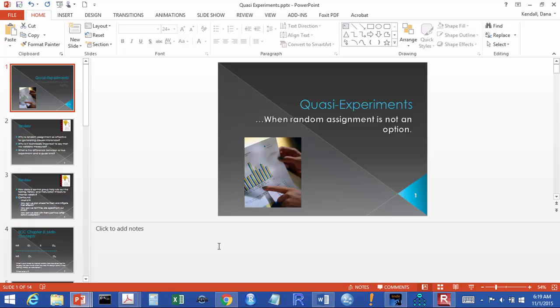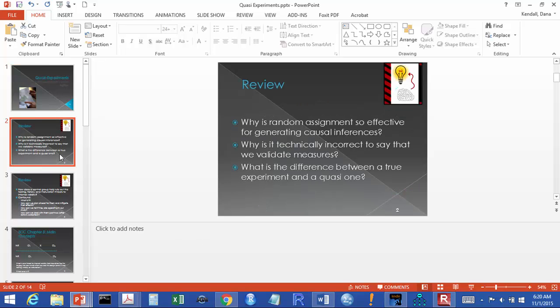And so if you start working in the program eval realm, you may notice this as well, that the standards are definitely going up, and so you need to know how to do both RA and situations where RA isn't feasible. Okay, so quick review.